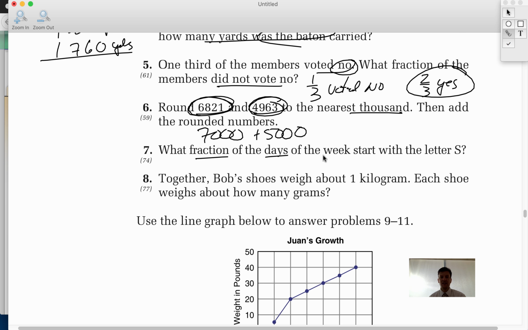What fraction of the days of the week start with the letter S? Well, we've got Sunday, Monday, Tuesday, Wednesday, Thursday, Friday, and Saturday. Sunday and Saturday both start with S. That's 2 out of a total of 7 days in the week.